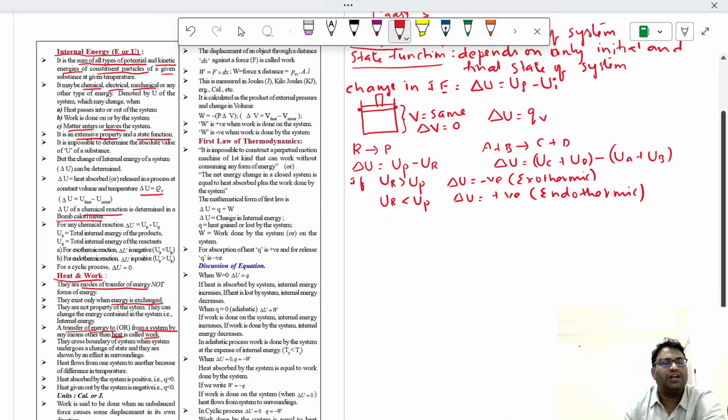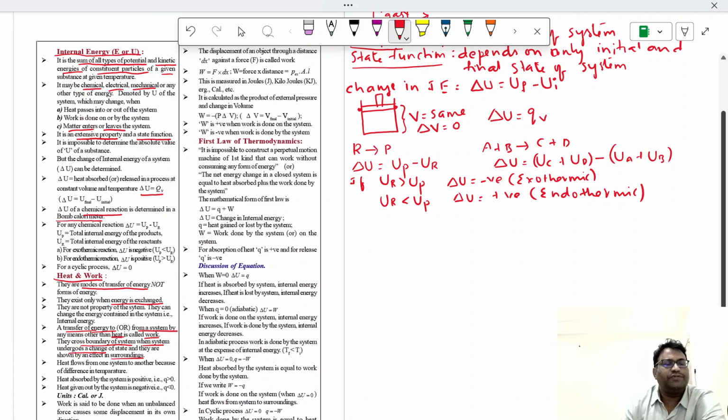So these two are the modes of transfer of energy. They cross the boundary of the system when the system undergoes change, or when there is some change in the surroundings. Automatically there will be transfer of energy, and that transfer will be in the form of heat and work.